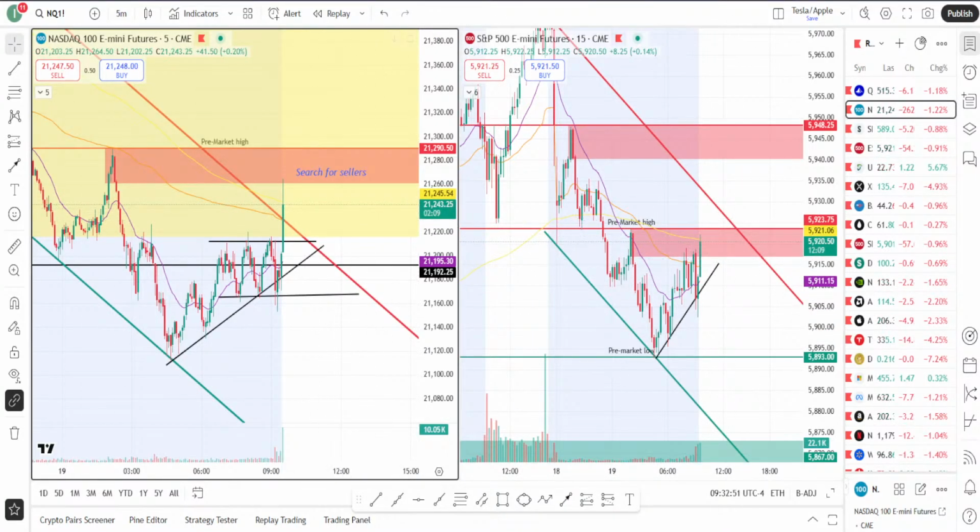And this is another push up here. She's pushing.